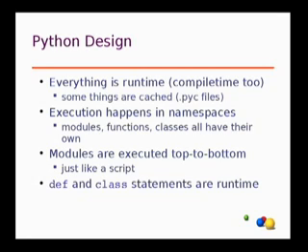It's a dictionary object with keys and values. Modules, functions, and classes all have their own little namespace, and they don't affect other namespaces unless they explicitly do so. And modules are executed top to bottom. Scripts start running at line 1, and they run all the way down to the end or until loops or whatever make them wait.